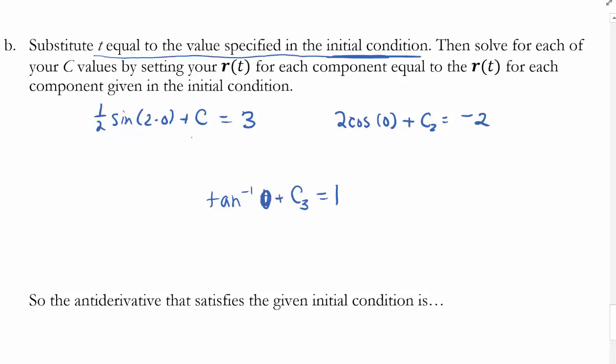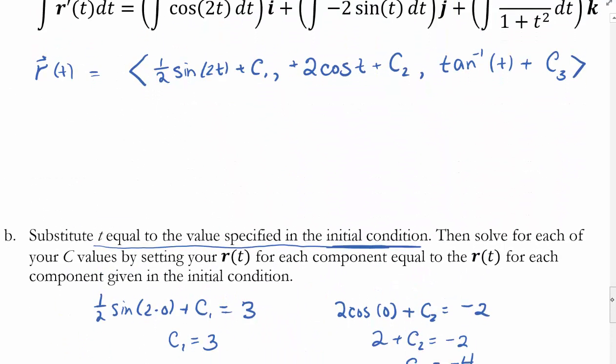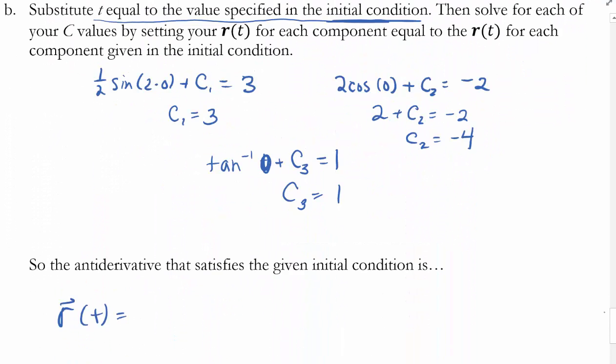So sine of 0 is 0, so in this case, c1 equals 3. 2 cosine of 0 is 2, so 2 plus c2 equals -2, so c2 equals -4. And then inverse tan of 0 is 0, so c3 equals 1, meaning that r of t is specifically 1/2 sine 2t plus 3.